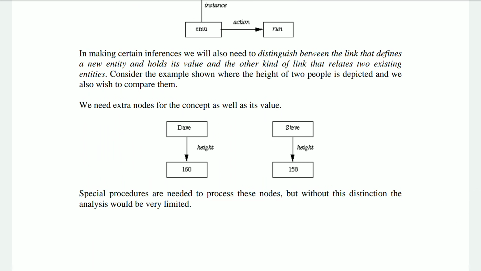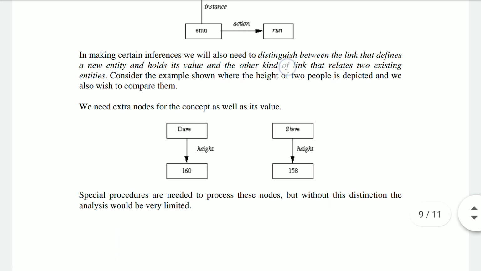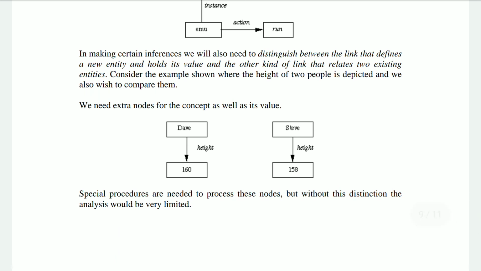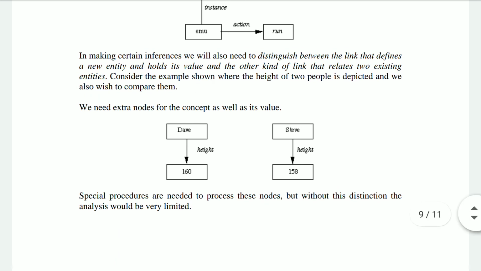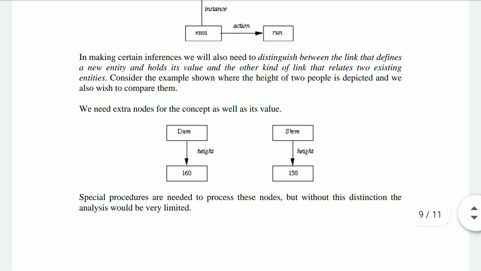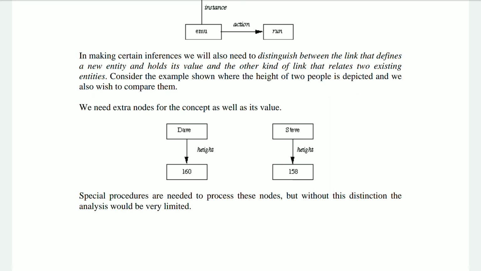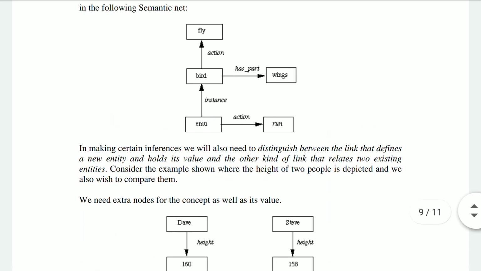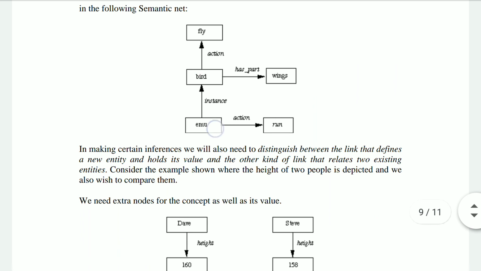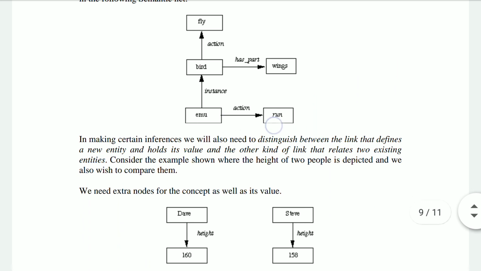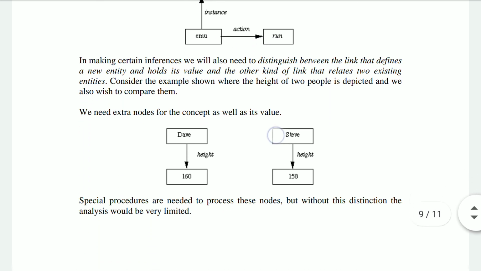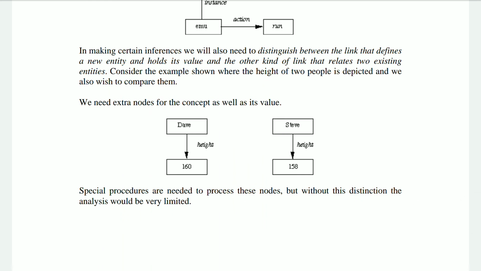In making certain inferences, we will also need to distinguish between the link that defines a new entity and holds its value and the other kind of link that relates two existing entities. Here we have emu, and it is a bird, and it has a special category that it can only run and it cannot fly. But there are certain other conditions where we need to compare.